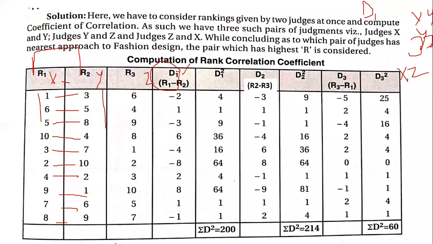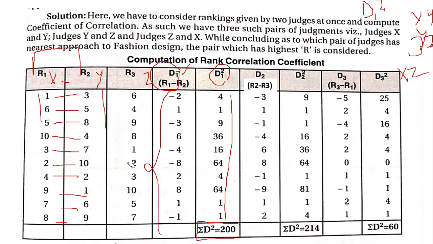And what is the next important step? To square that D1. So if you square all these values, you will get D1 square. Add all the square values. The important value for the calculation is sigma D square, which is nothing but 200.